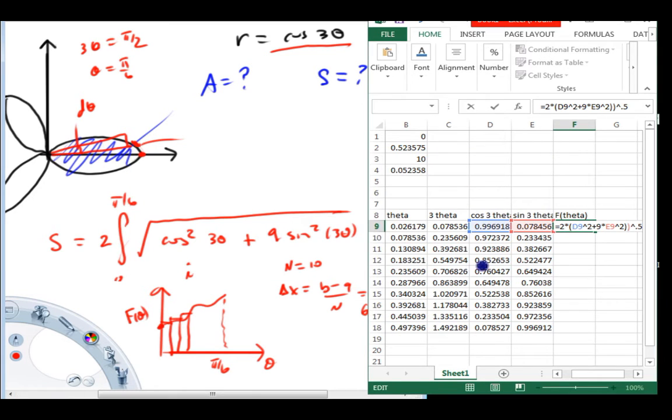Darn it. Cosine squared plus 9 times this squared, close parenthesis. Oops, I got one too many parentheses in there. Actually, I got one too few. There we go. Hopefully that's right. There's our function value.